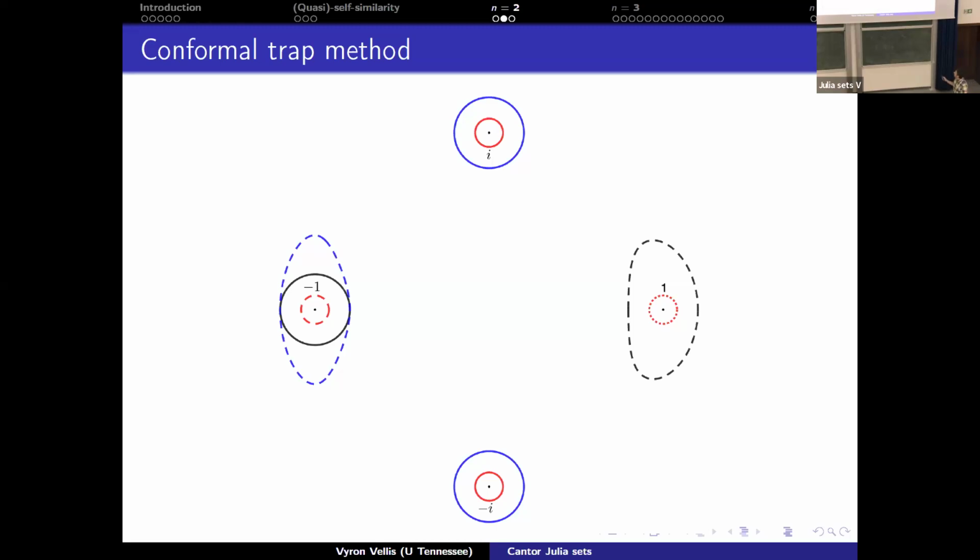Inside these 2 red disks, it's simply a translation that maps everything to this red disk. And in this red disk, it's a translation that maps everything to this disk. And then the only place left to define is this annulus, where you use a quasi-conformal extension in the spirit of Sullivan. So now I have defined my function everywhere.